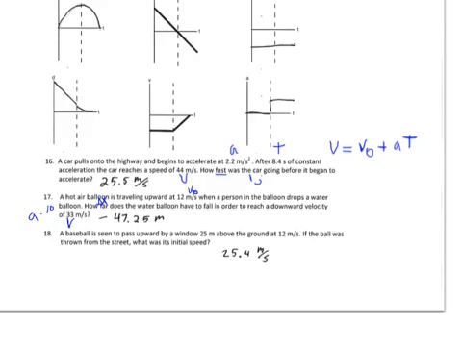So let's see, what I have here is I'm looking for displacement. I have v initial, v final, and acceleration. That would be this kinematics equation here. V squared equals v naught squared plus 2a delta x. You could write parentheses x minus x naught if you wanted to. So I'm just going to substitute into these.